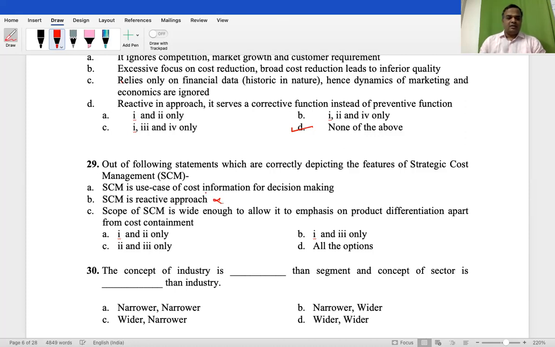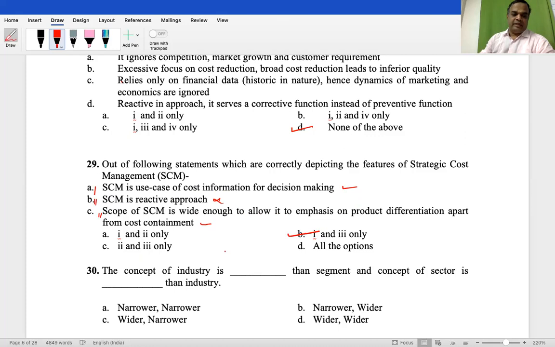First one is correct, decision making. Third one, wide enough to allow product differentiation apart from cost control. So 1 and 3 are correct. Option B is correct. Am I right?